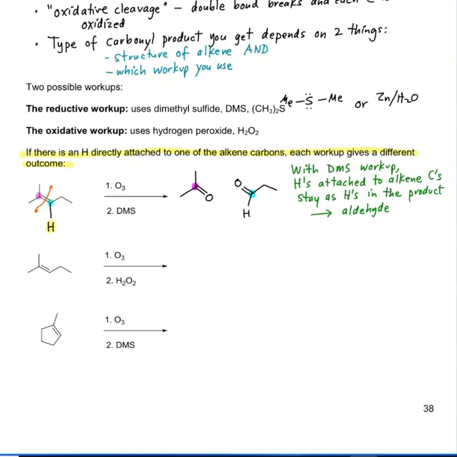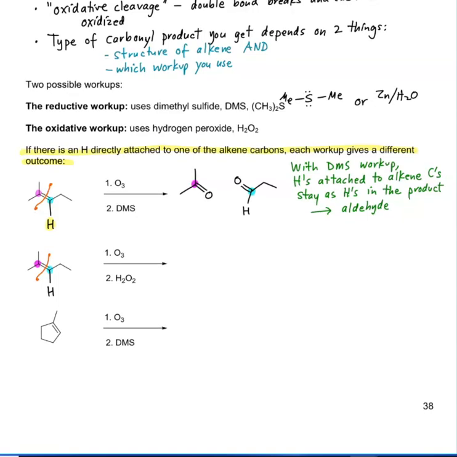So let's compare that to the case where you're using the other workup. Let's look at the same alkene. We'll treat with ozone, but this time we're going to follow it up with a hydrogen peroxide workup. The left side stays the same. It's the right side that's going to change. So instead of an H, we now have an OH.